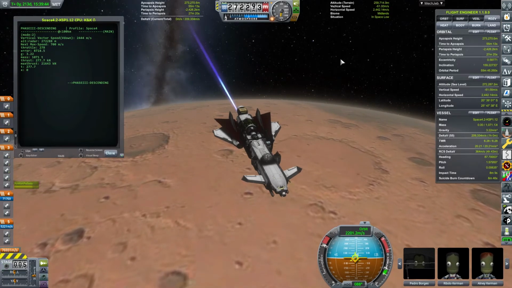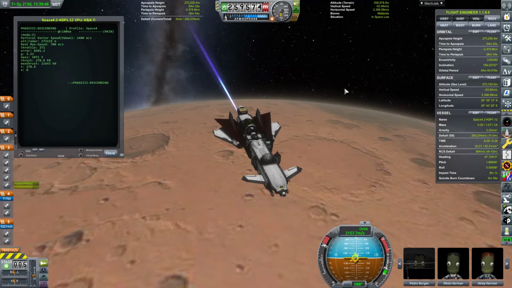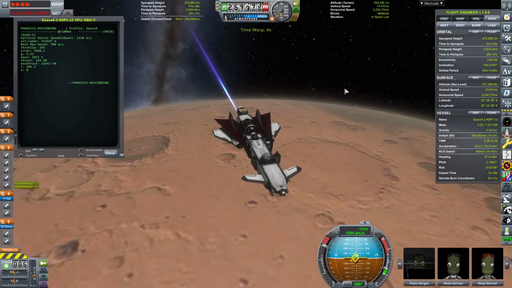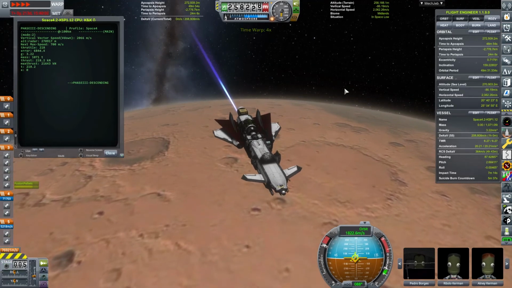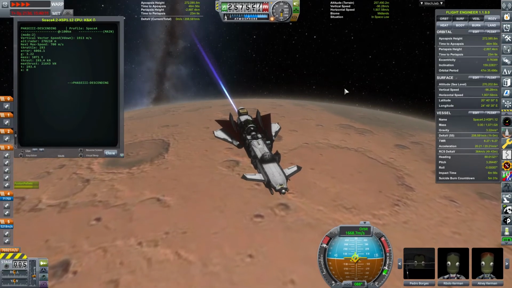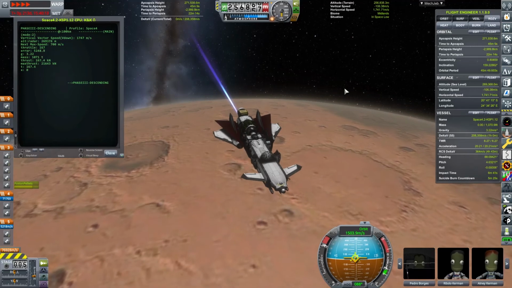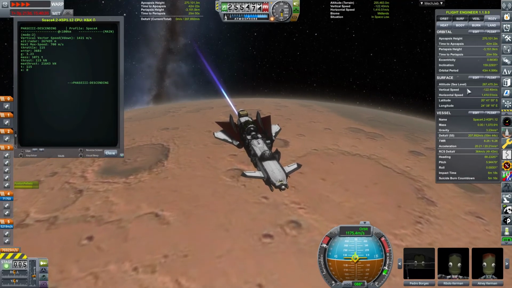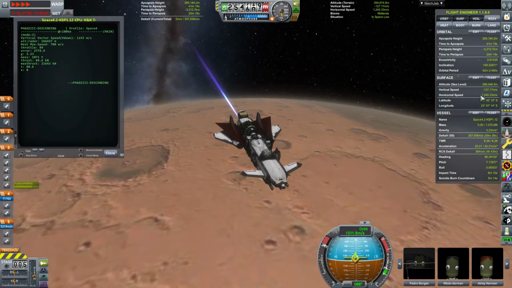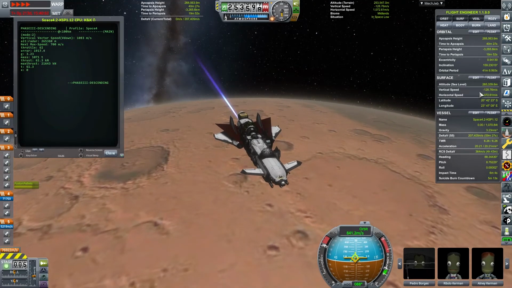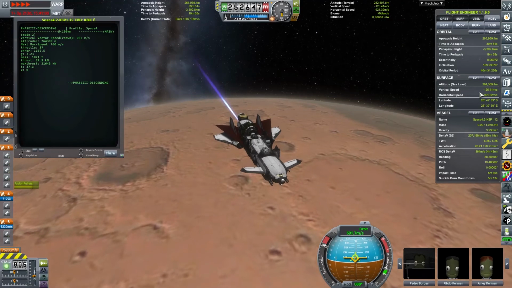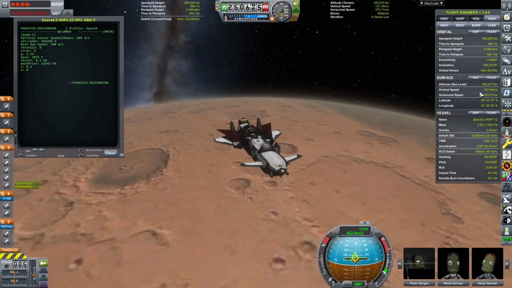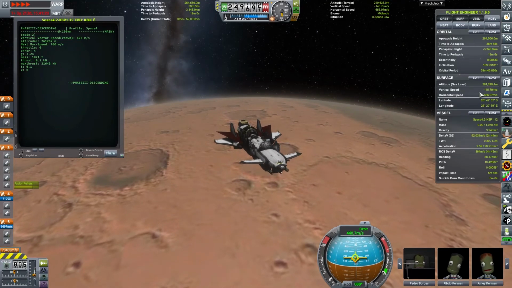Okay, so I will switch to radio altitude instead of just altitude. We're going to increase the warp a little bit. Our vertical speed is almost 130 now. Okay, now we are in that phase where we are actually decreasing, like I said before.